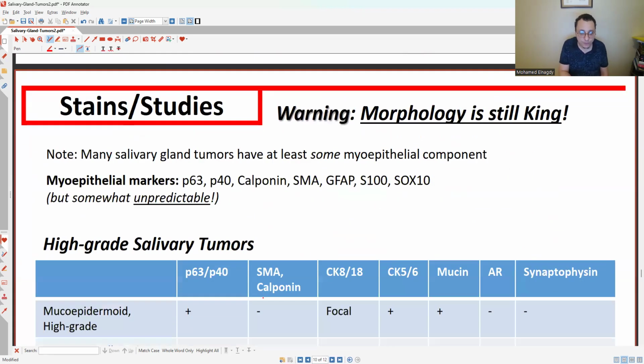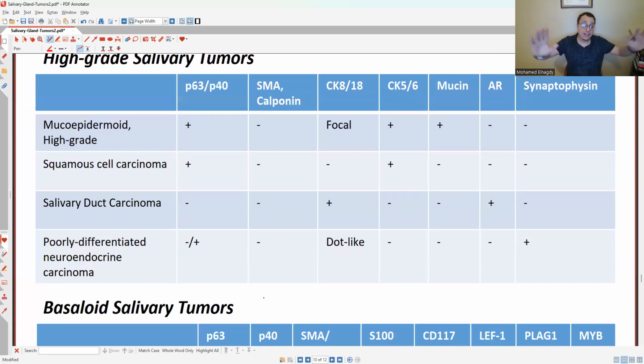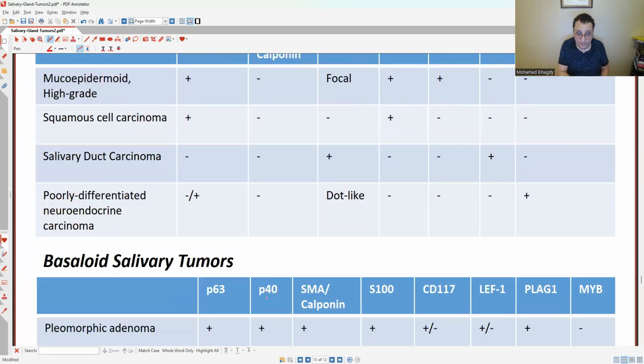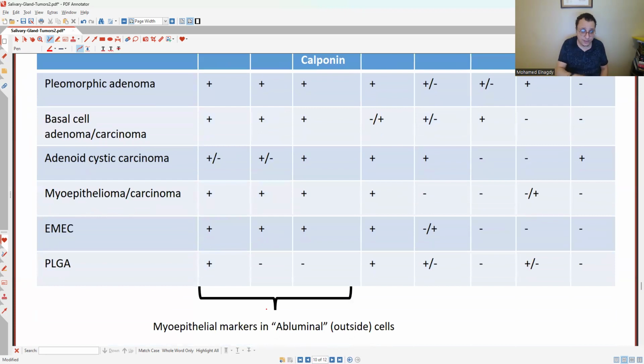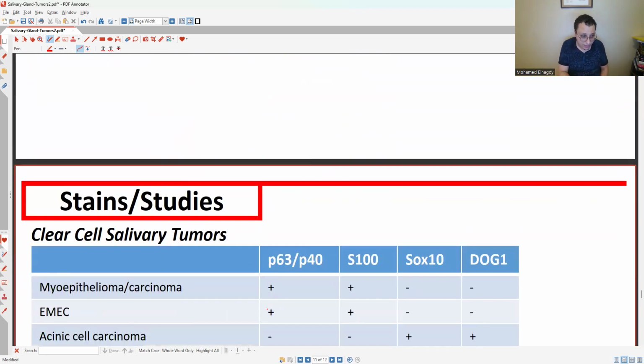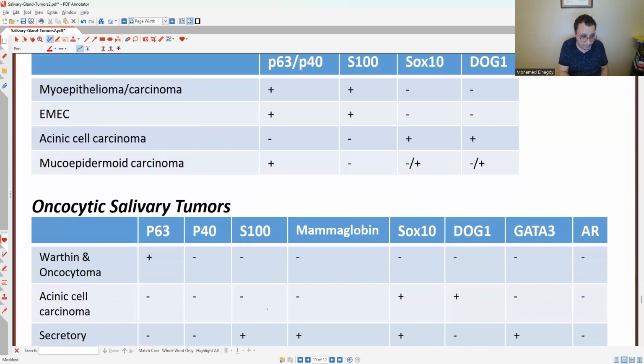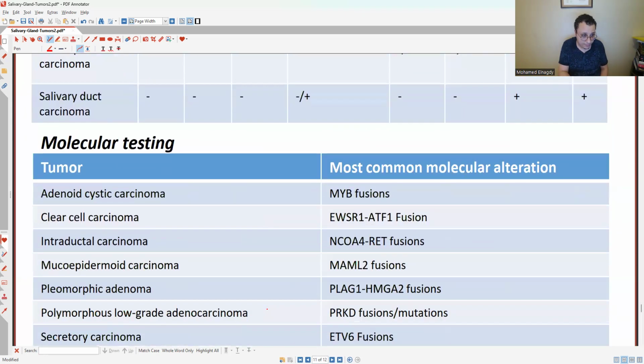He's trying to give you different approaches. And then he has big tables collecting the IHC. Sometimes it's useful to refer to these tables while you are practicing or having a case. However, not in the board Q banks, I believe.